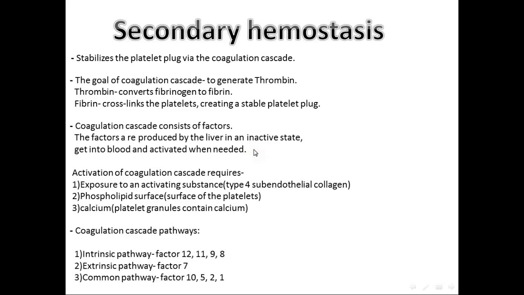So again, the coagulation cascade pathways consist of the intrinsic pathway, which consists of factors 12, 11, 9, and 8, the extrinsic pathway, which is factor 7, and the common pathway, factors 10, 5, 2, and 1.